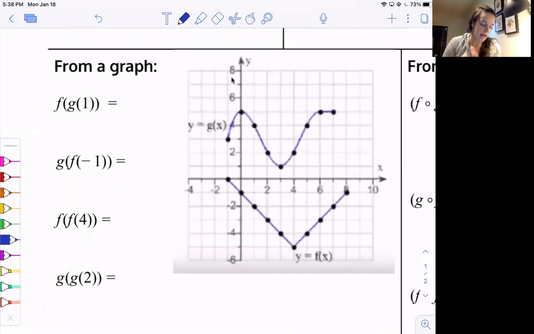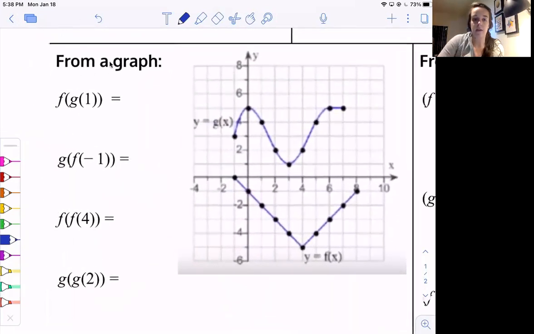So if I'm looking at a graph, this is going to be my x value. When they ask me g of 1, they're asking me on the g function, right? When the x is at 1, where is the g function? So if I'm thinking about this portion first, g of 1, I see here that I have the g function, and I have the f function.